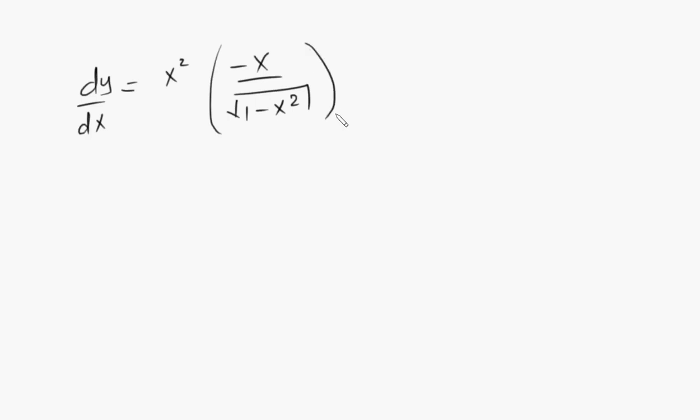So my dy/dx is equal to x squared times negative x over the square root of 1 minus x squared, and then we add the square root of 1 minus x squared times 2x.